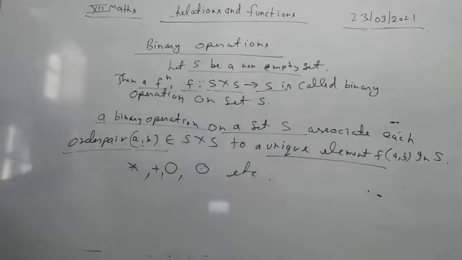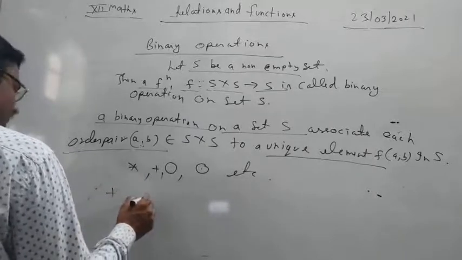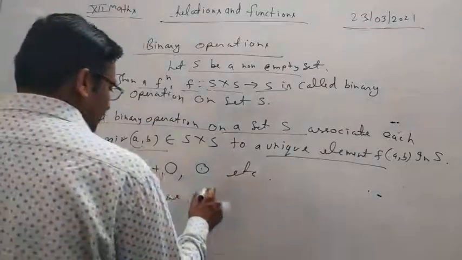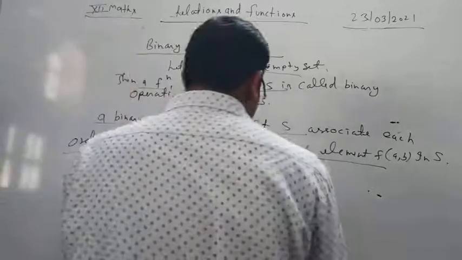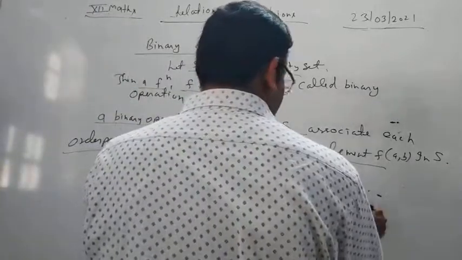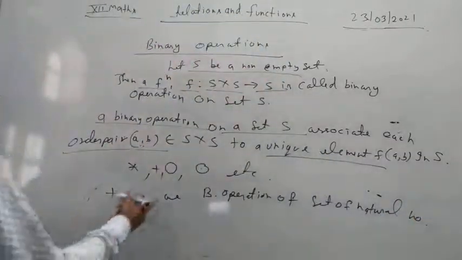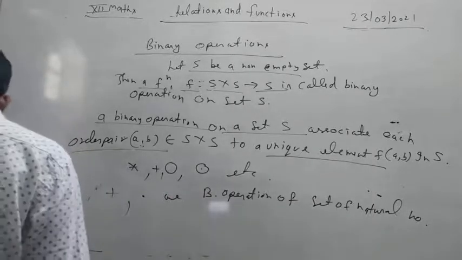Okay. Now, students, we see that addition and multiplication are binary operations on the set of natural numbers. Plus and dot are binary operations on the set of natural numbers, because the sum and product of two natural numbers is also a natural number.